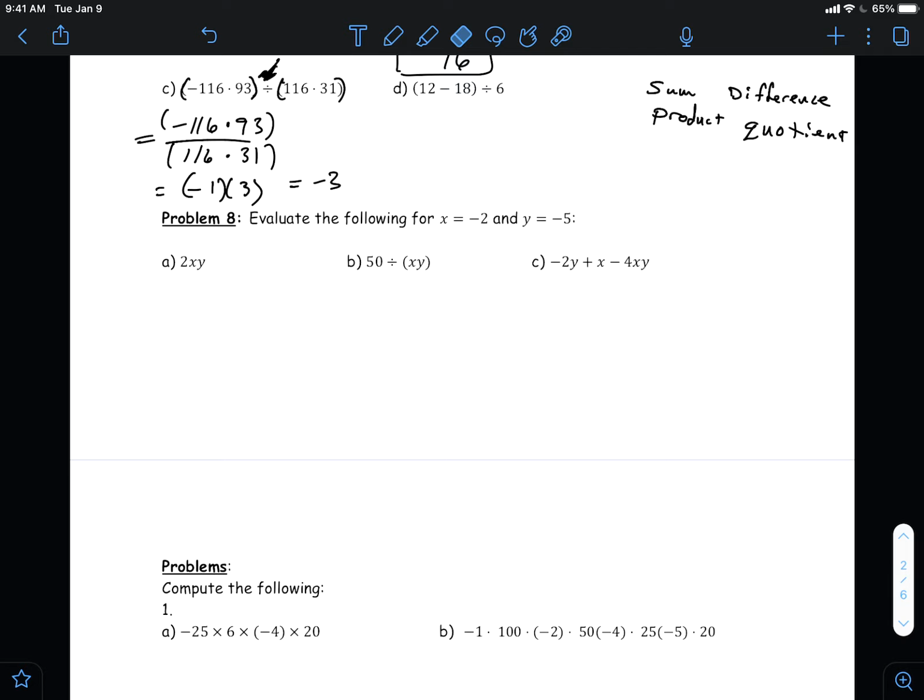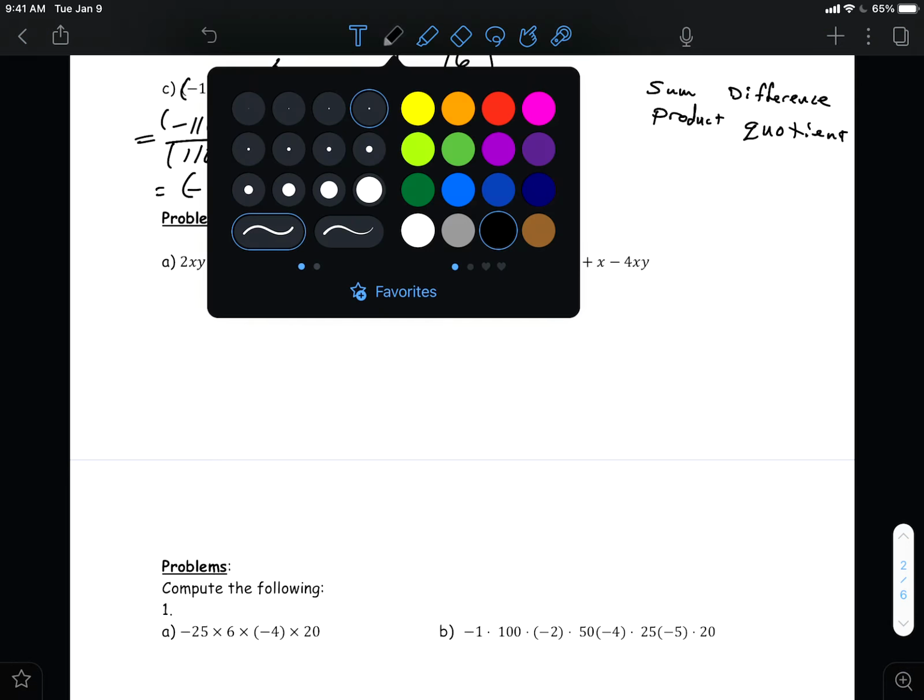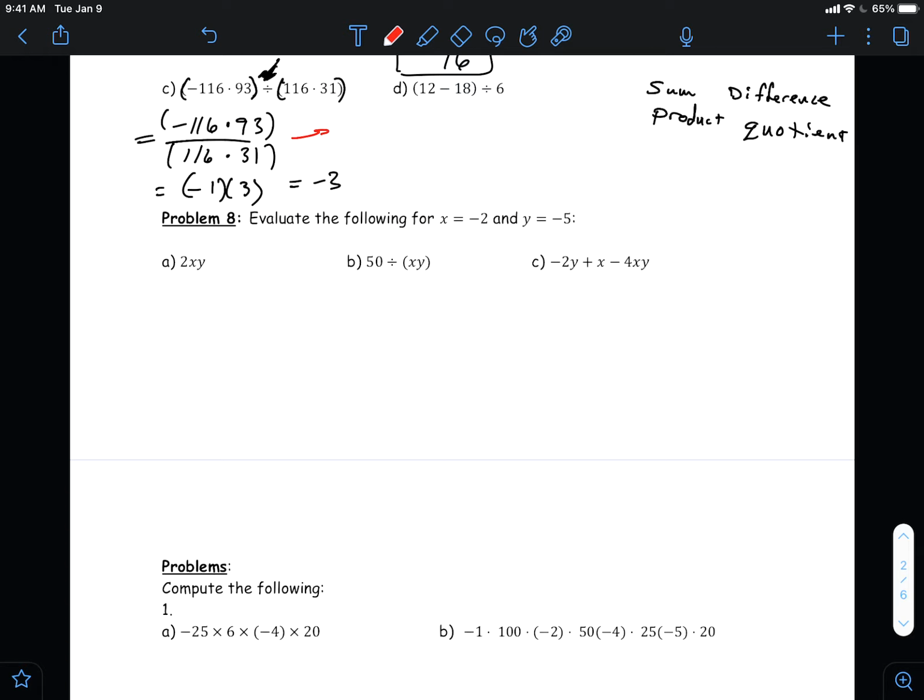I don't know what -116 times 93 is, but whatever the number is on the top, divided by whatever the number is on the bottom, when you divide those two things together, they'll come out to be -3. Does everybody see what I did there? What I'm saying is if you actually did the math in the numerator and did the math in the denominator and then divided them, that should come out to be -3.